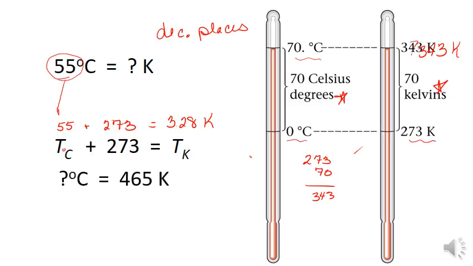Okay, let's try one more example here. And going the other way, what is the temperature in degrees Celsius if it's 465 Kelvin? Again, I'm going to substitute in for this temperature sub-degree C a variable, say x. X plus 273 equals, and I'm going to substitute the 465 in for T sub K. 465.